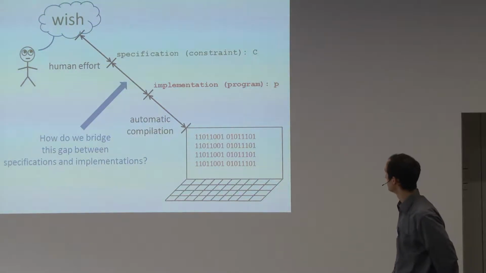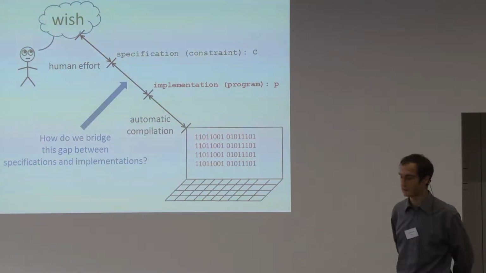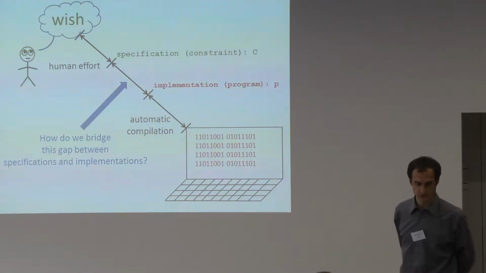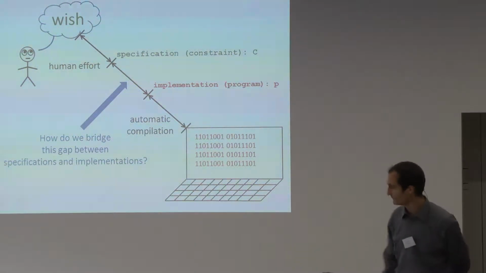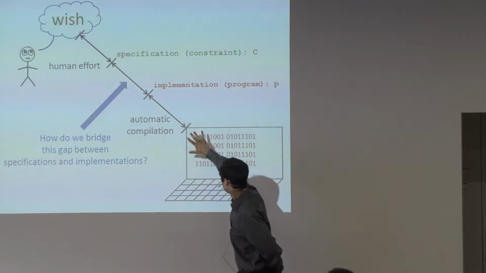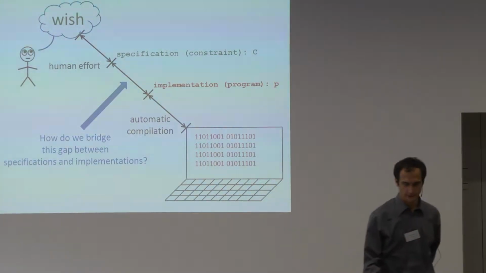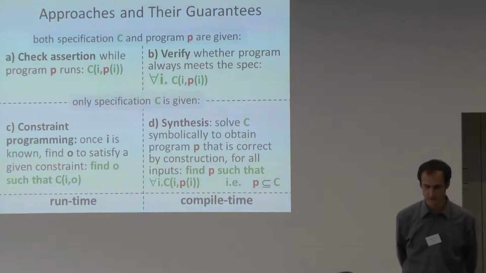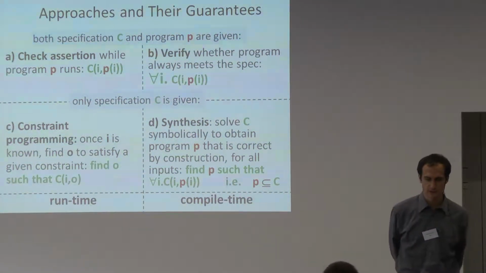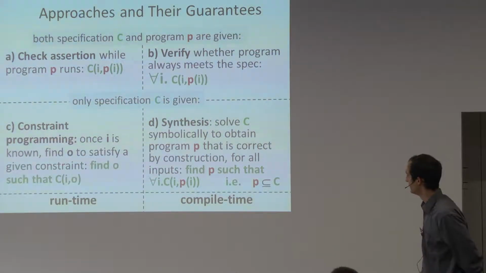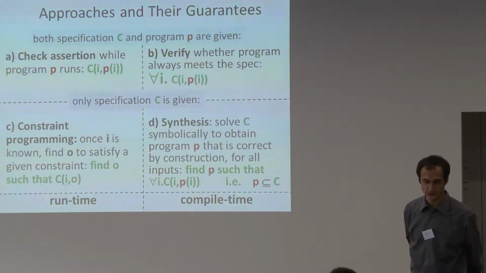Specifications of the kind that I'm talking about here are one particular kind for the case of, let's say, functional programs. And so we are looking at bridging this gap. And then once we obtain an implementation, of course we can bridge the gap further to machine language and so on using compilation technology. So there are several approaches that one could look at, and this covers a number of different techniques.